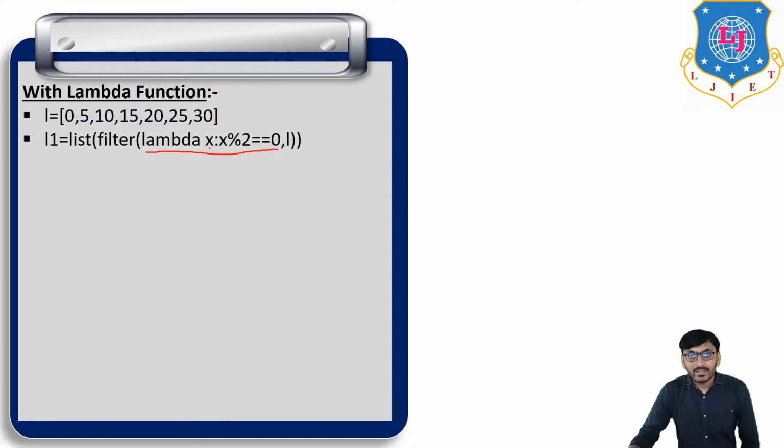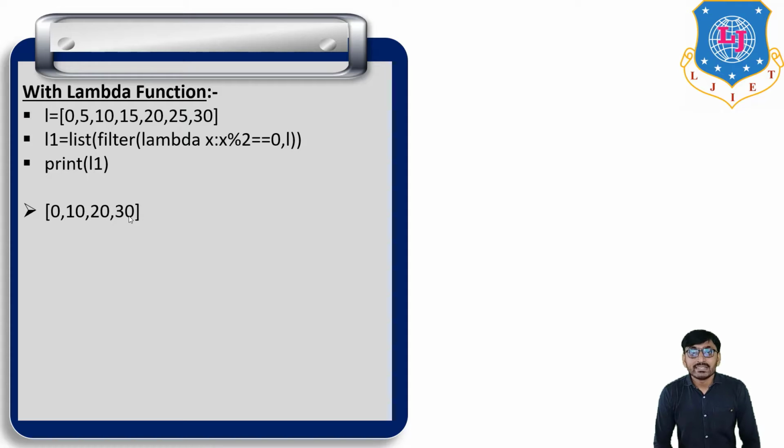Lambda is the keyword, then x is every element of the list one by one, then the expression is x modulo 2 is equal to 0. If this expression is true, then print out that element, and this L is the sequence, here it is a list. Now print out L1. If we print L1, the output is 0, 10, 20, and 30. So check every element of the list, and if the condition is true, then print it.